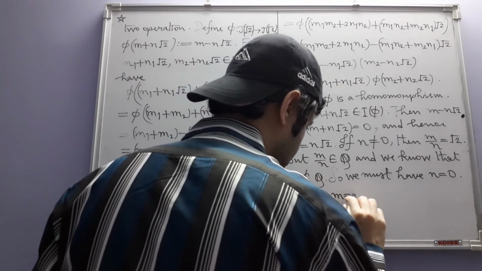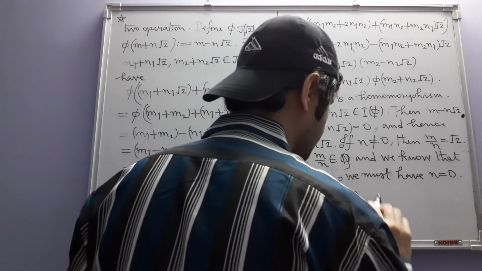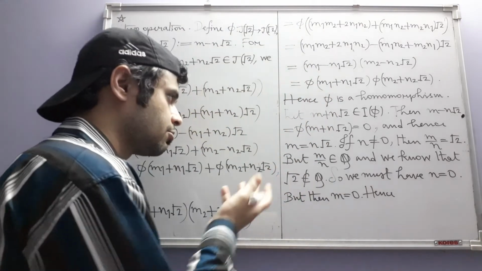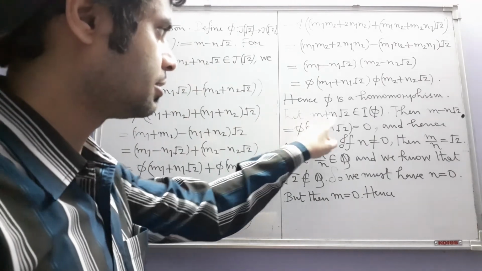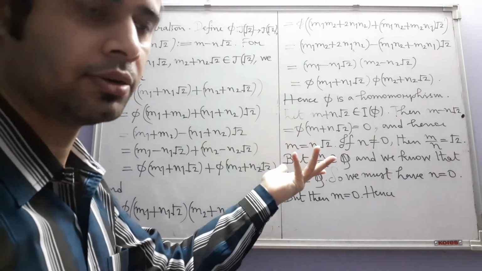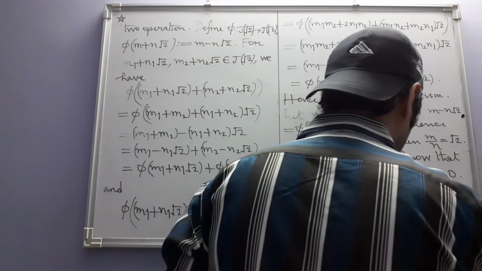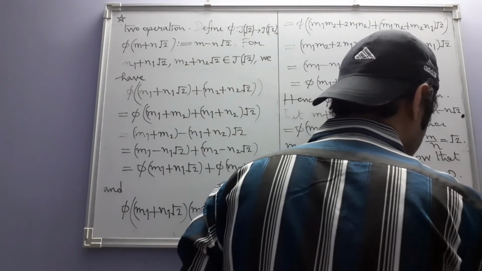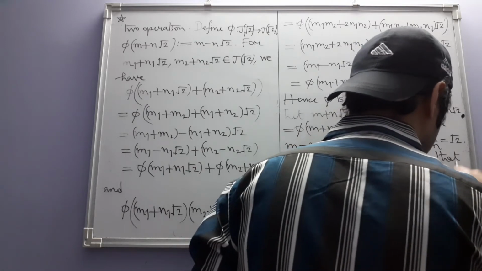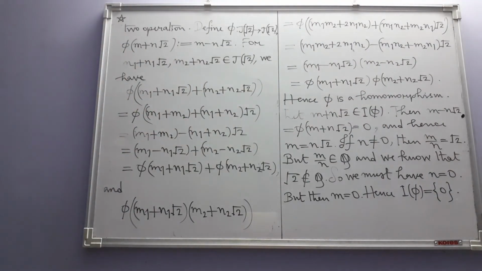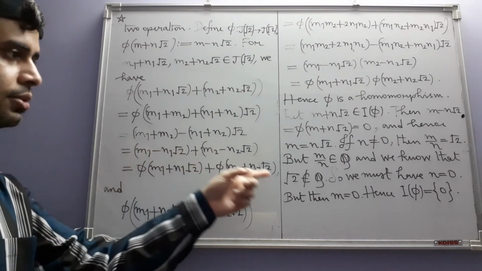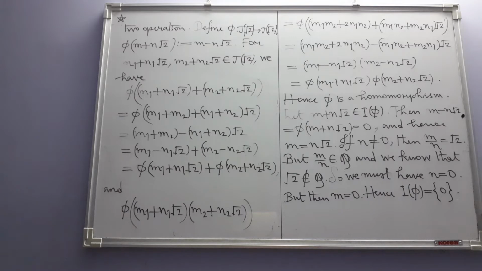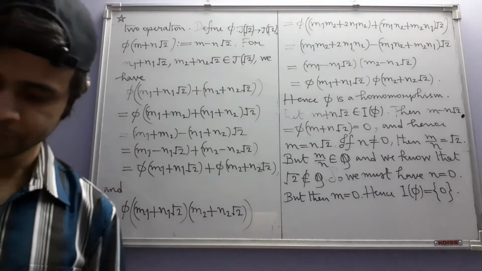Hence, if both m and n are 0, then this is nothing but the number 0. So the kernel of phi consists of only the 0 element. So in this case also, just like the previous example, the kernel is the trivial set consisting of only the 0 element.